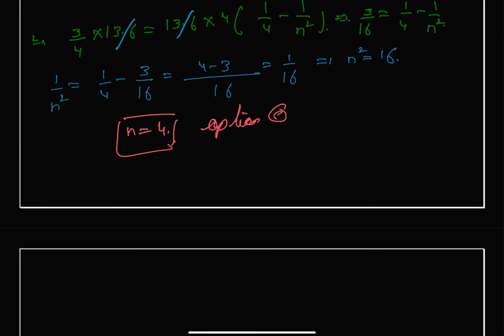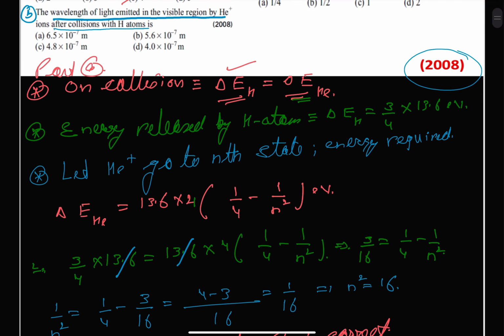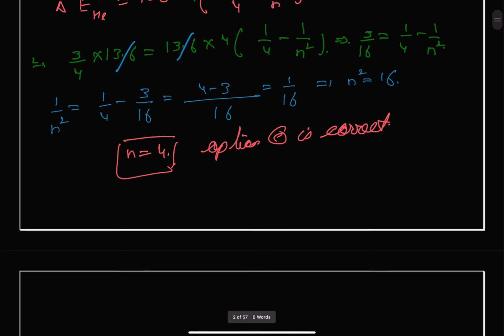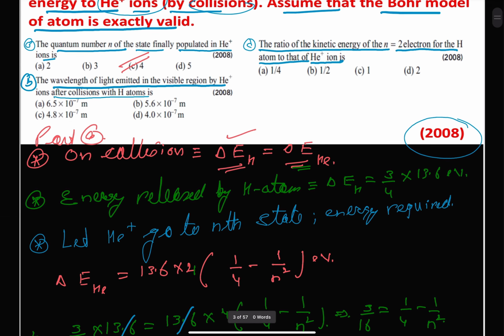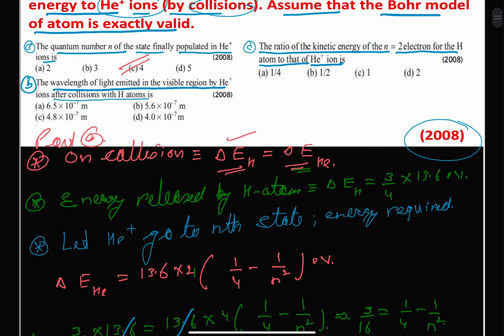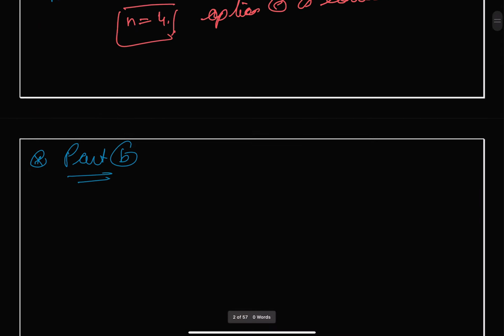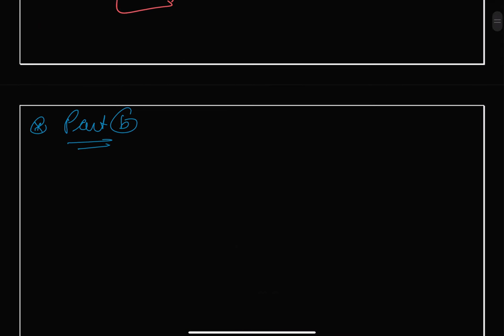Option C is correct. Next, in part B, the light emitted in the visible range. We can easily find out the difference in energy.